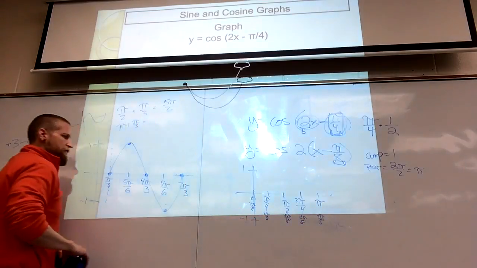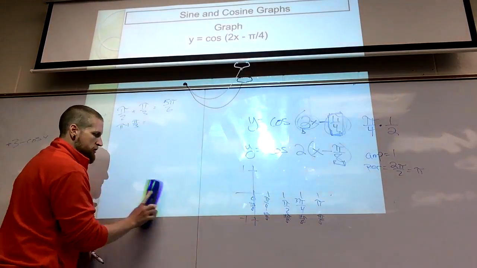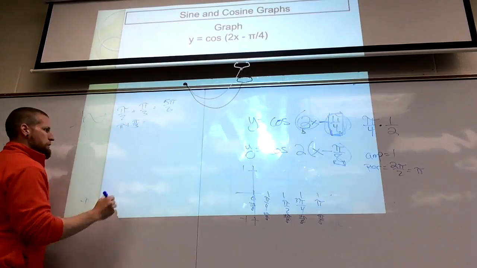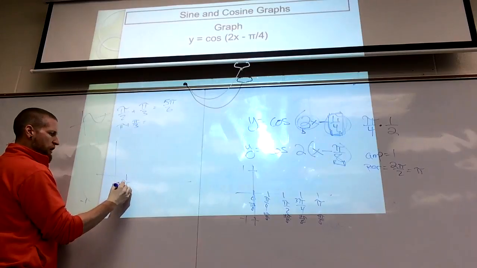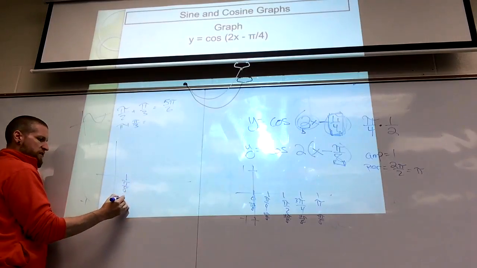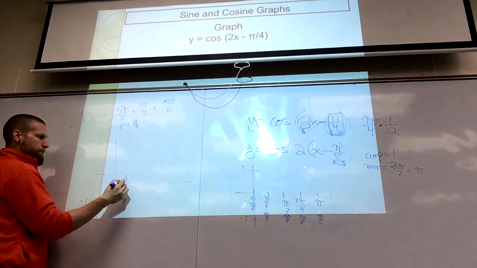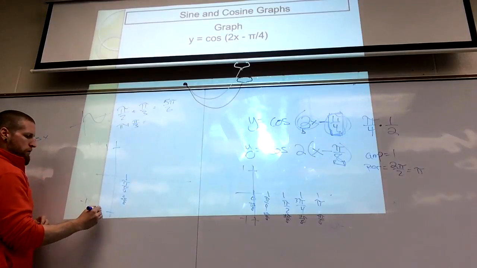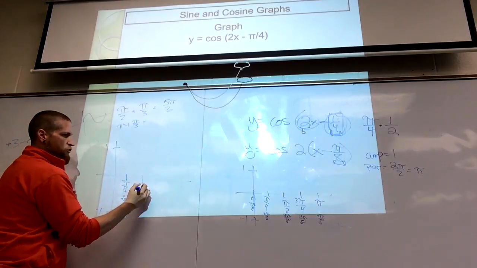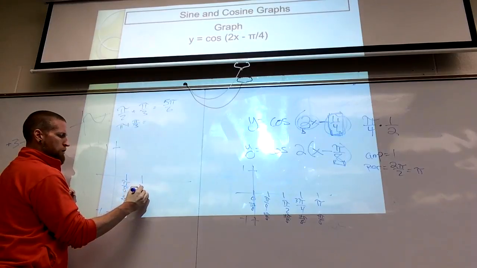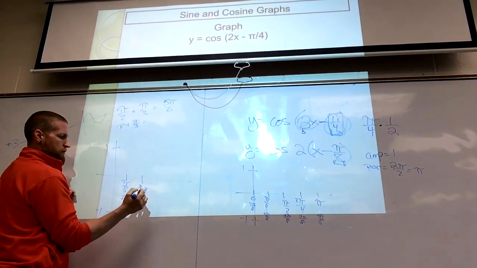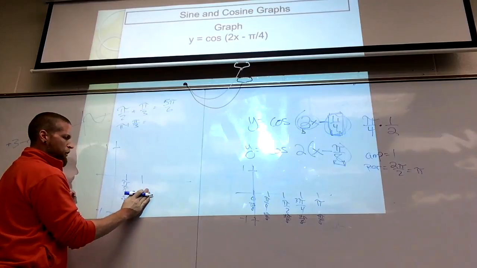Okay, so when I graph it, the actual axis I'll use should be set up as, I'm starting at pi over 8, because this is the 0 plus pi over 8. Okay, the next one is pi over 4 plus pi over 8, which, what's pi over 4 plus pi over 8?